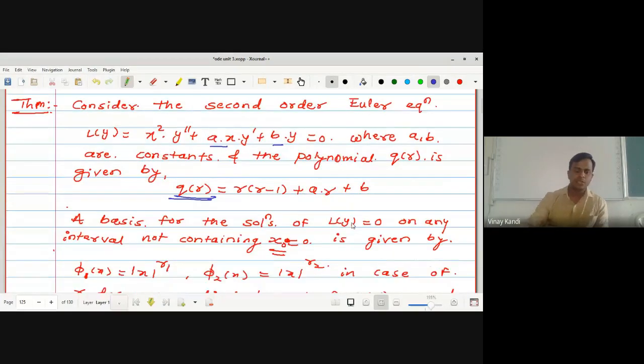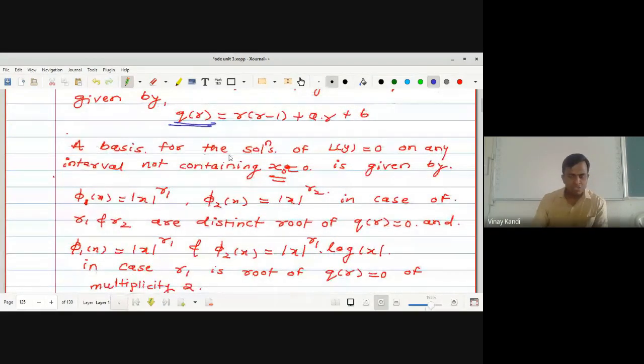We need to find a basis for the solution of L of y on any interval not containing x naught, where x naught is equal to 0.